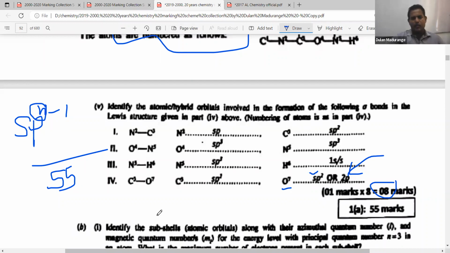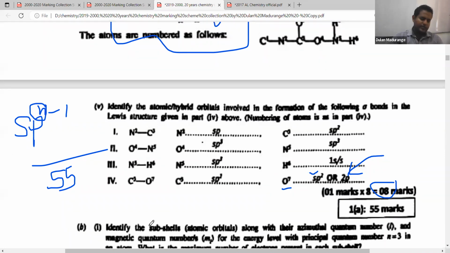Out of 55, you have to check. Any issues for this part?